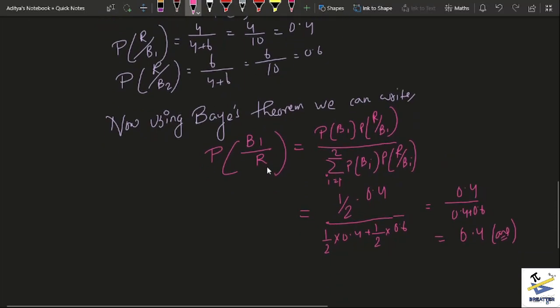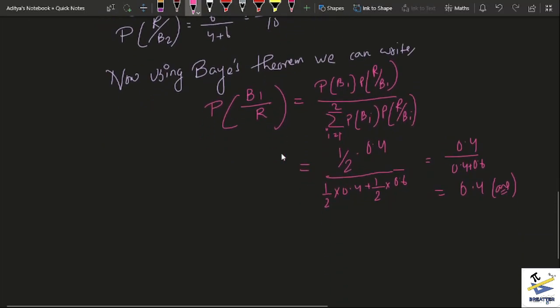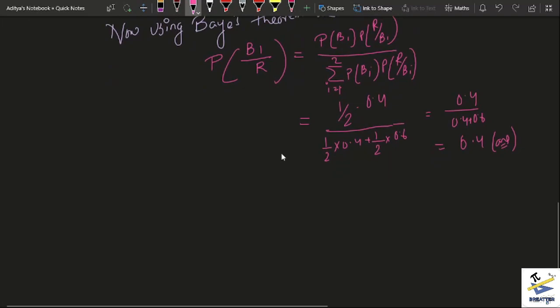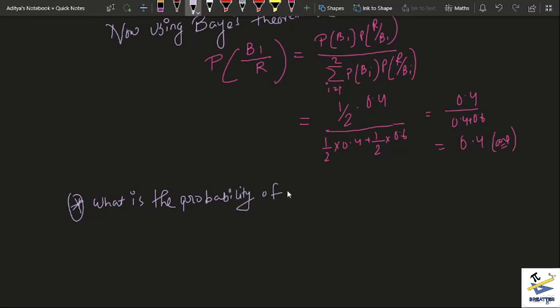So as you can see, this Bayes theorem application is very useful in finding probabilities of the inverse kind. Now similarly we can calculate the probability for the blue ball. So a different question would be to ask here, what is the probability of getting a blue ball as a whole.